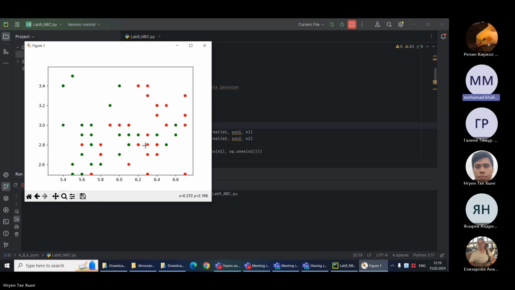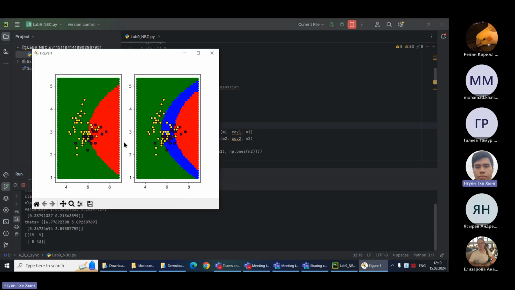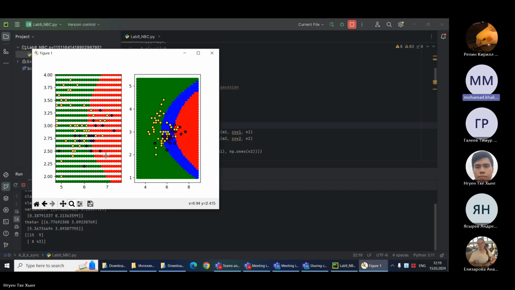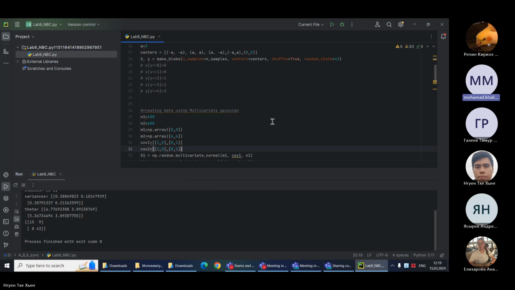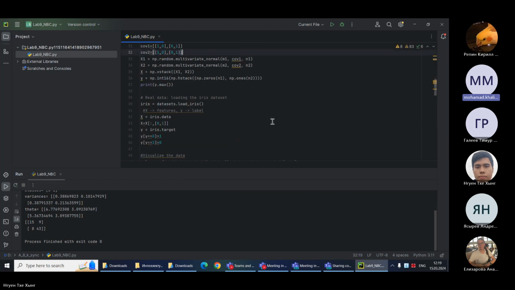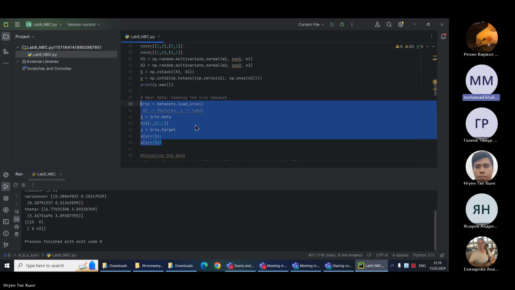Close everything. In the program, take only this part. You don't take the part 3. Make a comment on the real data here. Yes, exactly. Now run.